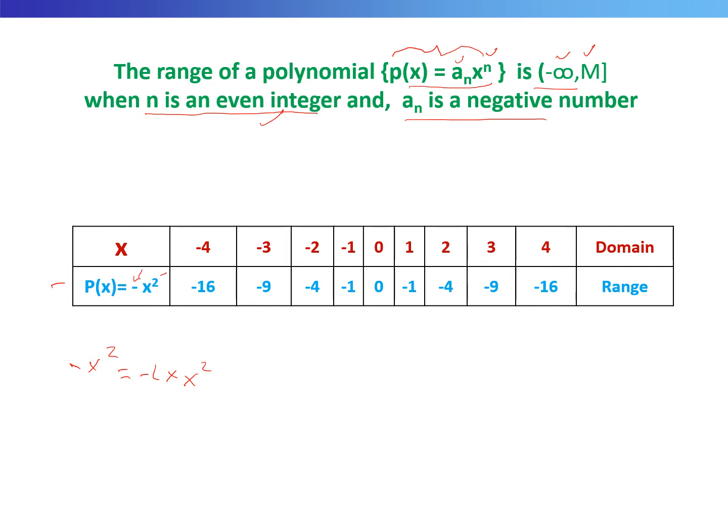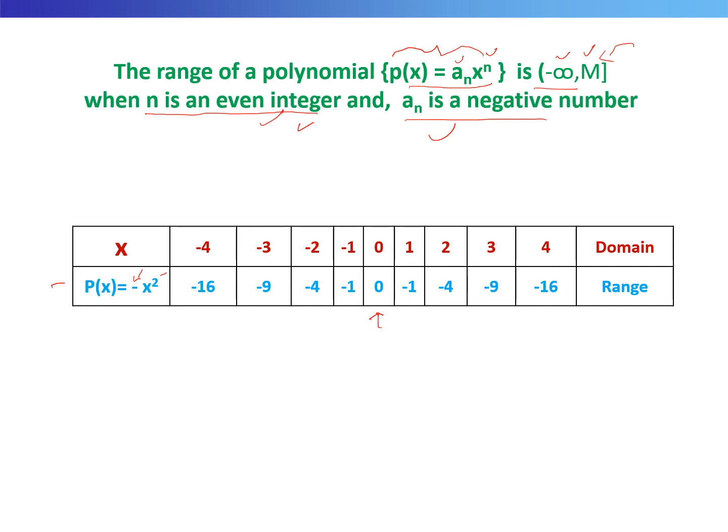And if that is the case, then we will try to prove that given these two are satisfied, the range will be from negative infinity to capital M. Let us focus on our center point. Our center point is always the 0.